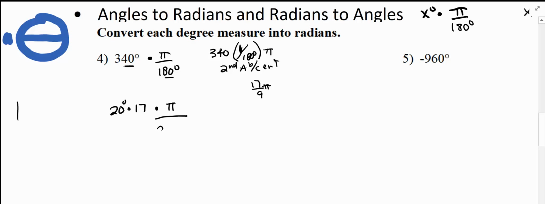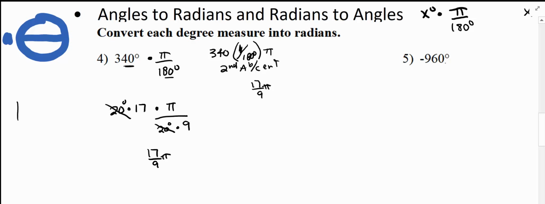Well, 180 is 20 degrees times 9. Oh, look, the 20s can cancel, and then what we're left with is just like that.